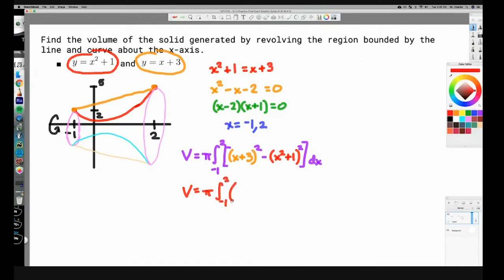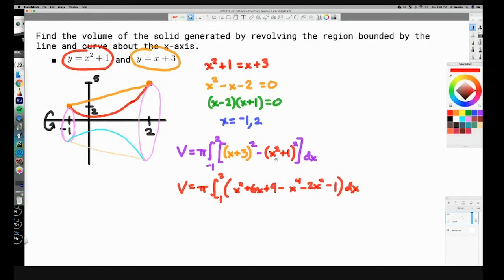From -1 to 2, and you end up with x squared plus 6x plus 9, all subtracting x to the 4th minus 2x squared minus 1, dx. Did anyone else get that? Yes.